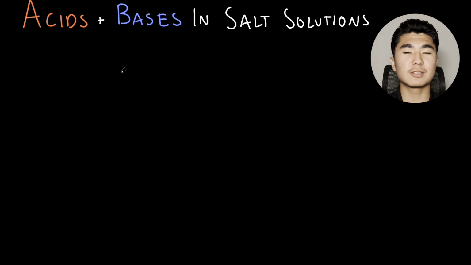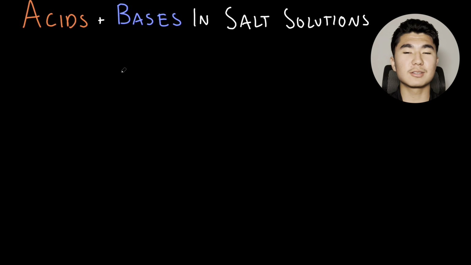So let's talk about basic salt solutions. A basic salt solution will only form if we have a weak acid and the conjugate base is an anion, which most of the time the conjugate base will be.